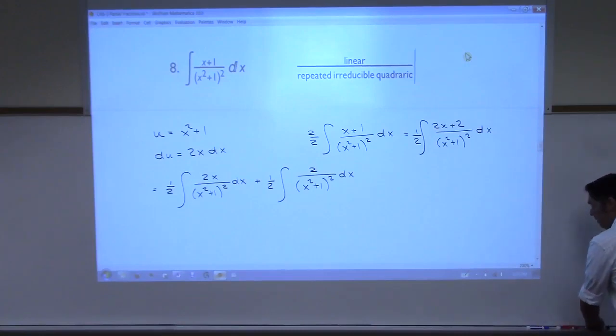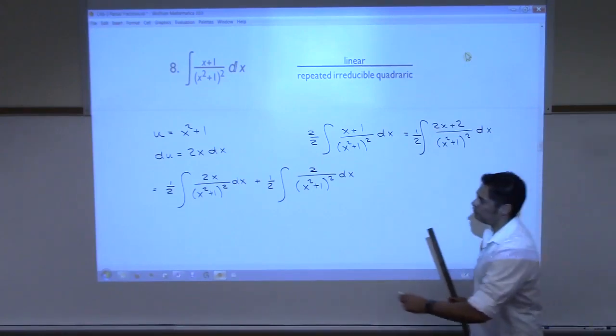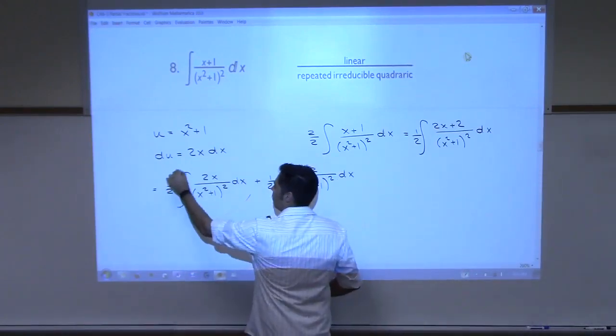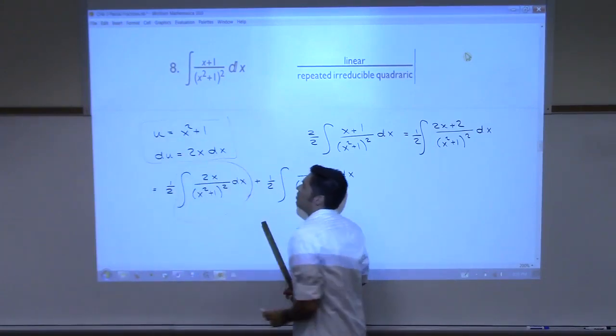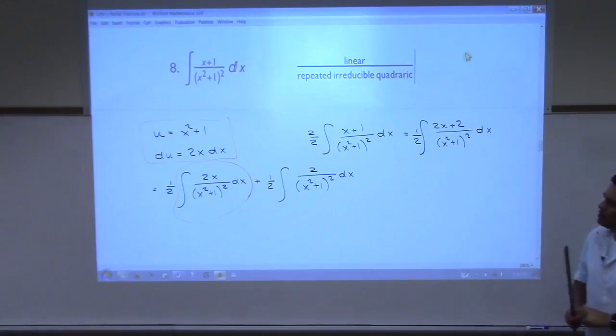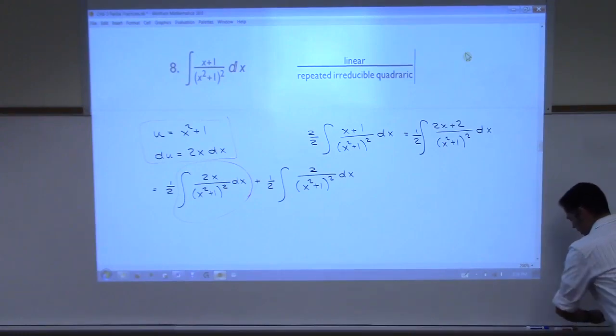How are we going to handle that first integral? I'm going to use this, right? Use x squared plus 1. du is 2x dx. That's a basic u sub. That's just going to be 1/2 integral. Let's go ahead and do it.